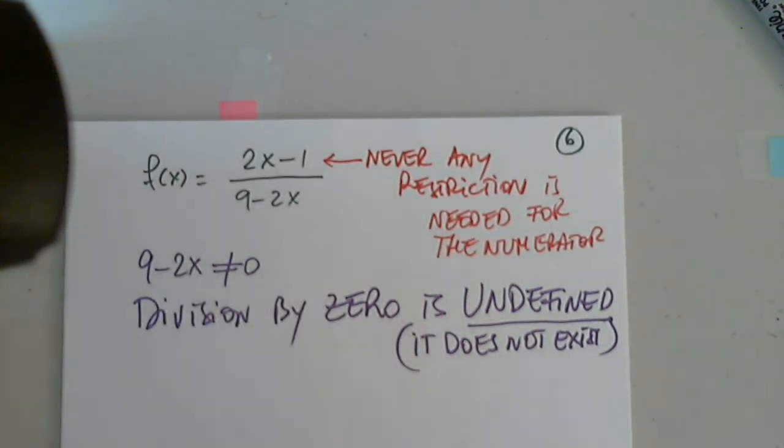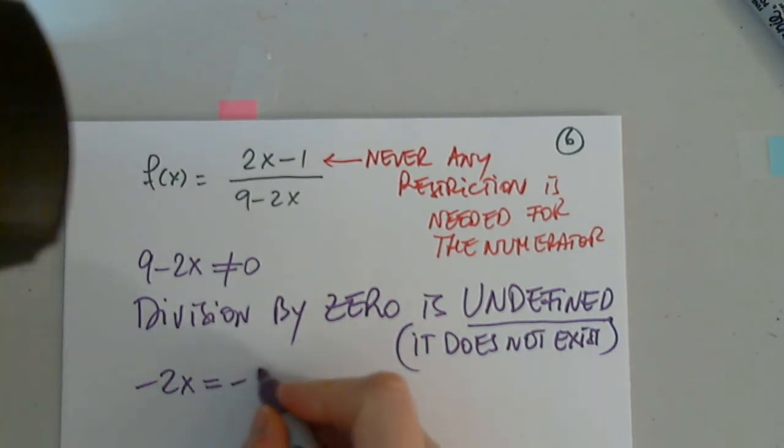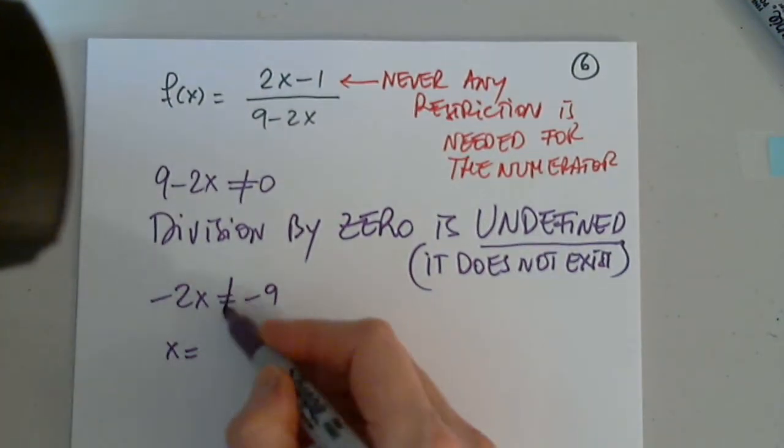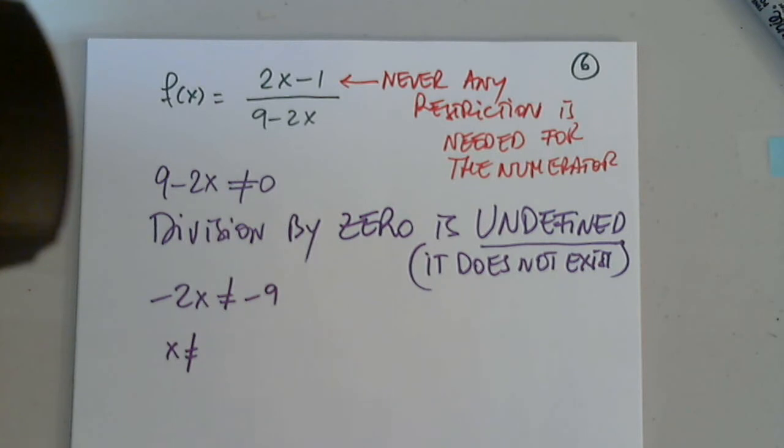9 minus 2x. I move 9 to the other side. What happens when I move one term from one side to the other? It flips sign. Very good. And then what do I have to do? X not equal, of course. Not equal to what?